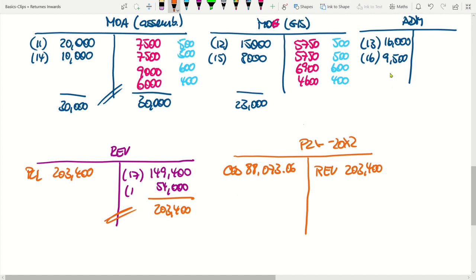Then I have to consider still that there is administration expenses, so it is 16,000 plus 9,500. It gives me 25,500. Admin, 25,500.